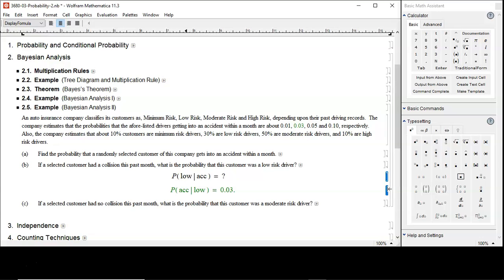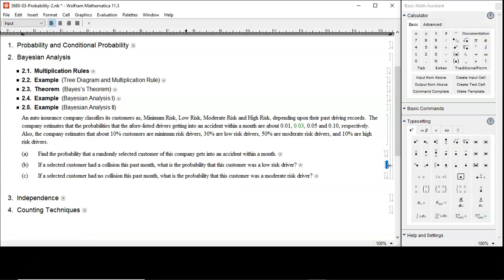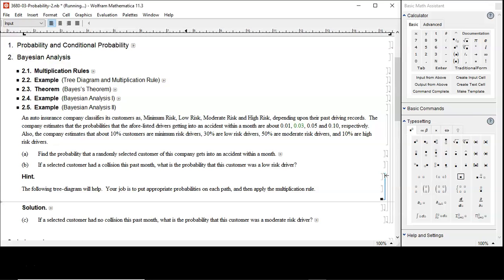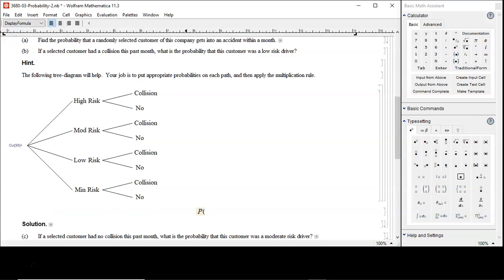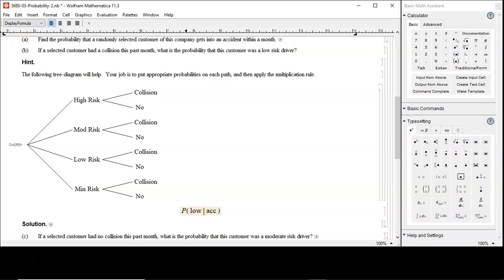So how does it work out? Here's a hint. The tree diagram, of course. And then we are looking for the probability of, let's see, low-risk driver given an accident took place. Let me use collision. Then that's probability of low-risk driver getting into collision over probability of collision.